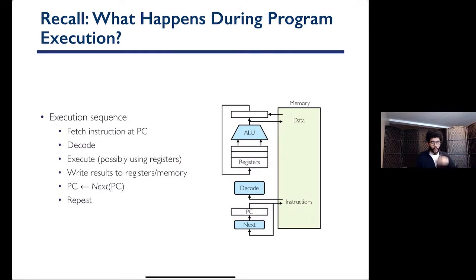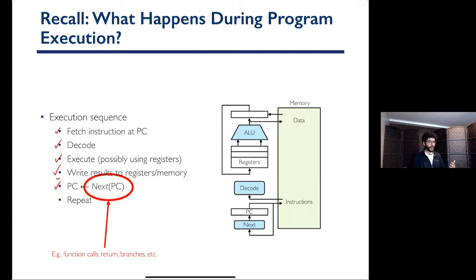Now, once I have my executable image ready and I bring it to memory, then again, this is a recall, the cycle of execution is that you fetch an instruction. The first thing you do is fetch the instruction. You then decode the instruction, see what it is, and then execute it. If there are any results to be written to memory or read from memory, then you do that. Then you update your PC to the next instruction, and then you repeat.